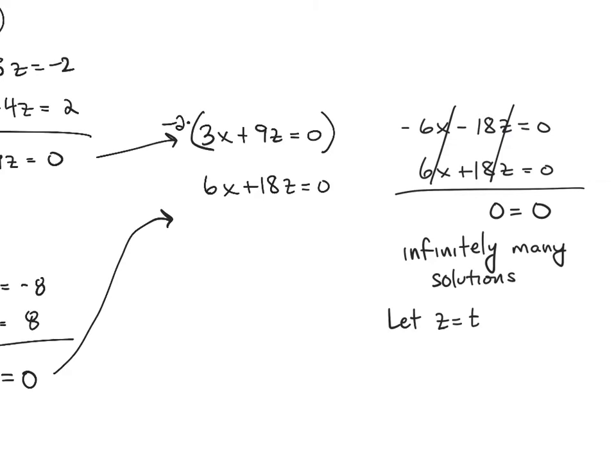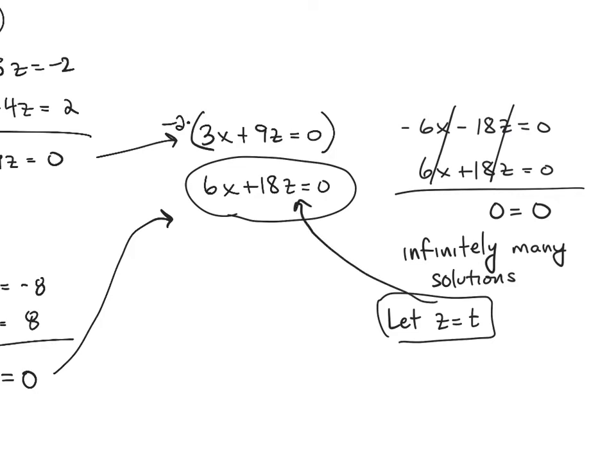And if we were solving for a unique solution, once we found one of the variables, we would go back just one step to one of these equations to find the second variable. So if I substitute a t right here for z, then that equation becomes 6x plus 18t is equal to 0.